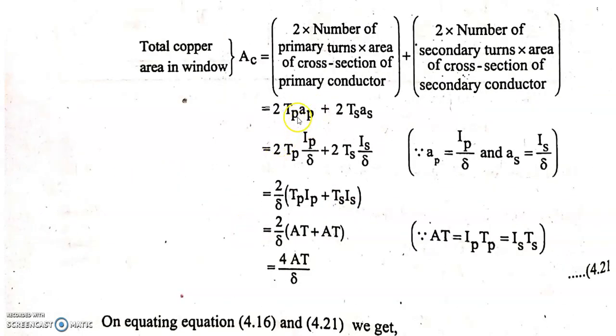So it is 2 into Tp, and Ap and As we substitute in terms of current density, Ip by delta and Is by delta, and 2 and delta we take outside as a common factor. So it is IpTp plus IsTs, both are ampere turns. So it is 2 times the ampere turns, so it is 4 times the ampere turns by delta.